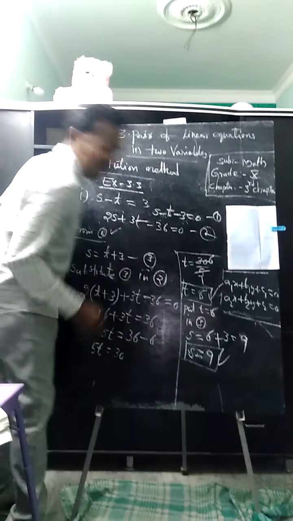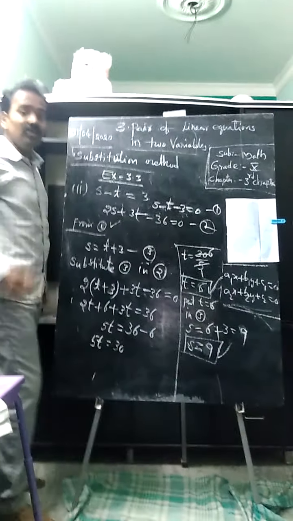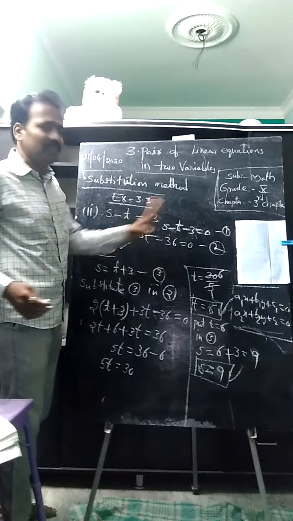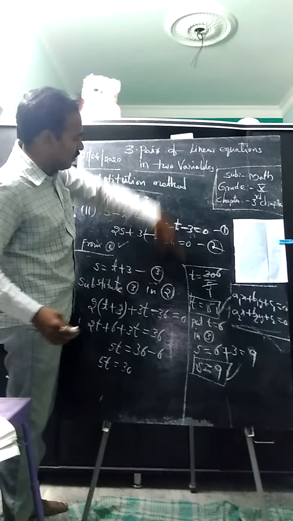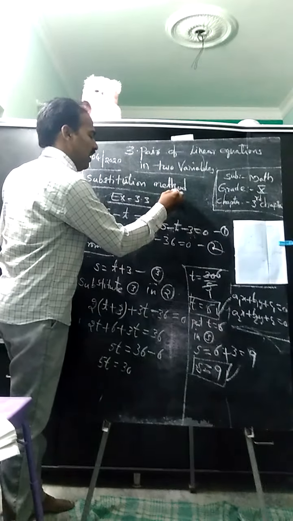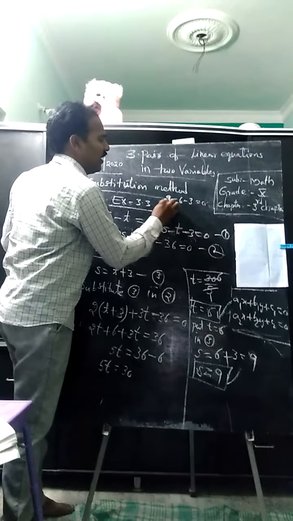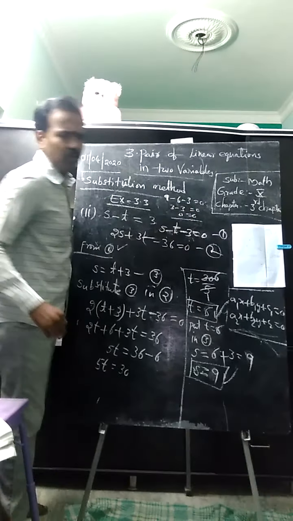Now we got t value as 6 and s value as 9. To check whether it is correct or not, substitute in either 1 or 2, that is up to you. I'm substituting in 1. S value is 9, so 9 minus 6 minus 3 equal to 0. 9 minus 6 is 3, 3 minus 3 is 0, applying the BODMAS rule.